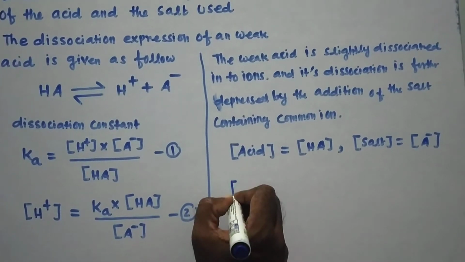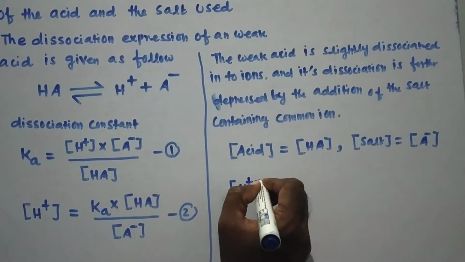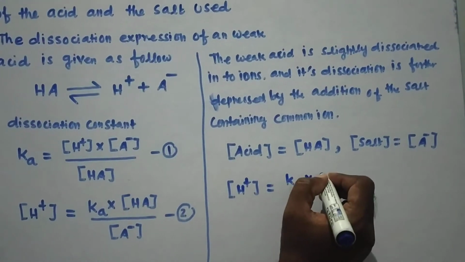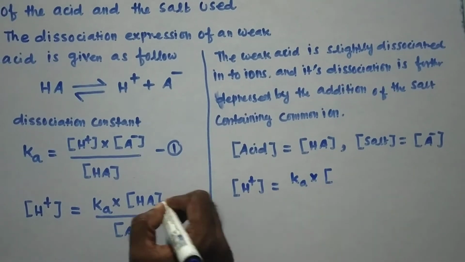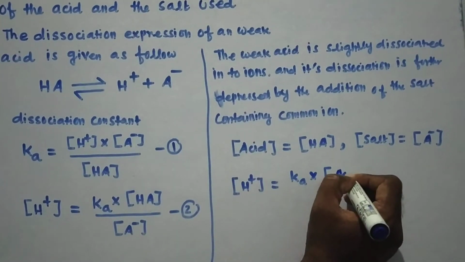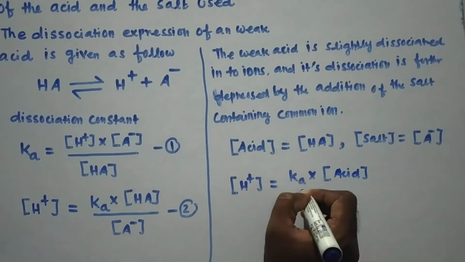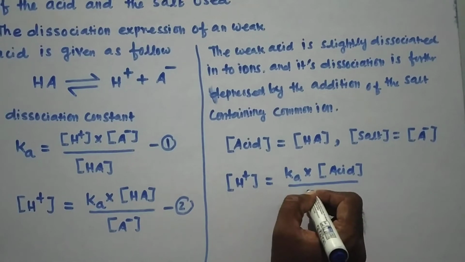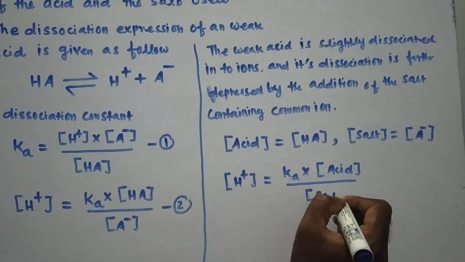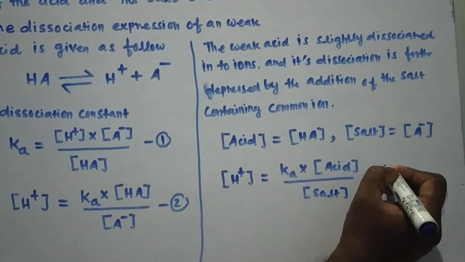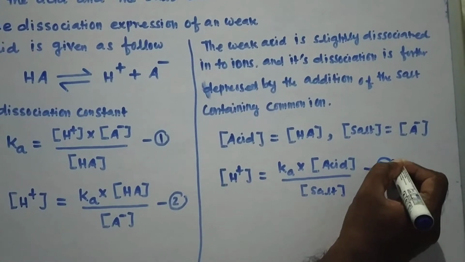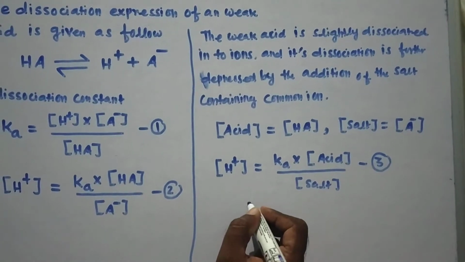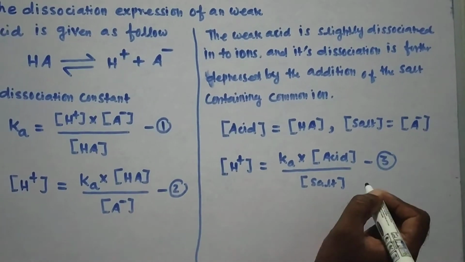Then it becomes H plus is equal to the Ka into concentration of HA, that is equal to acid, then divided by the concentration of the A minus, that is equal to concentration of the salt. Okay, this is equation number 3.